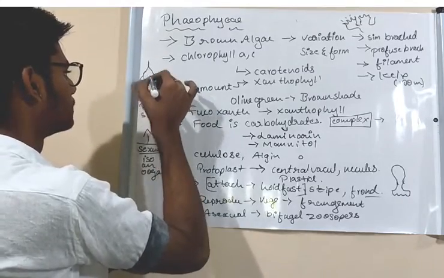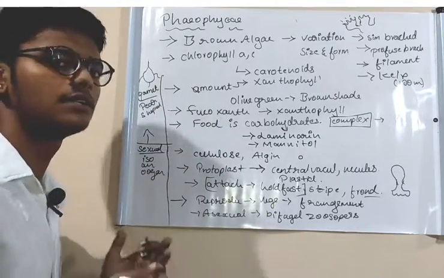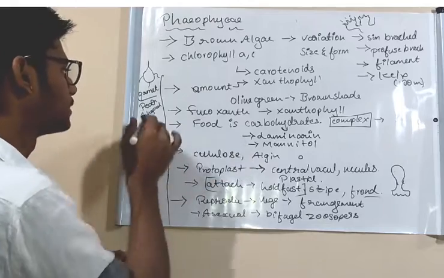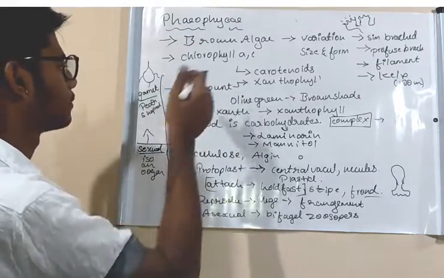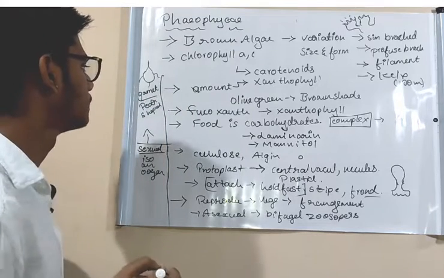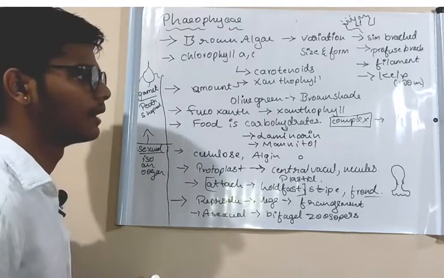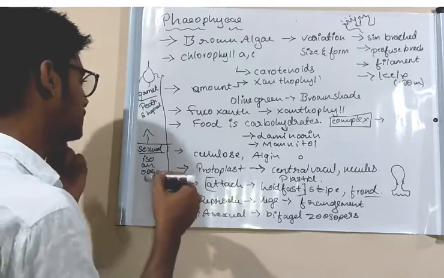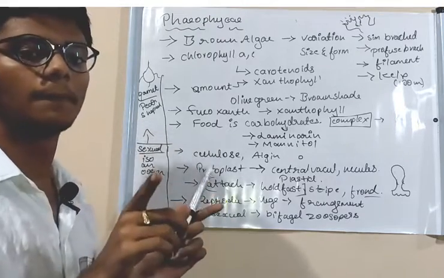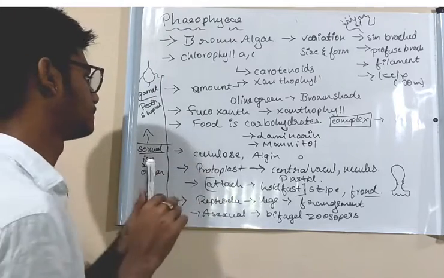The unique character you can remember is pear shaped gametes having lateral flagella.